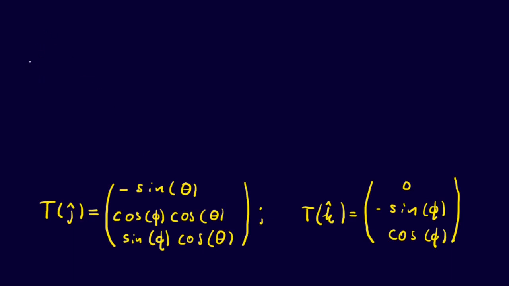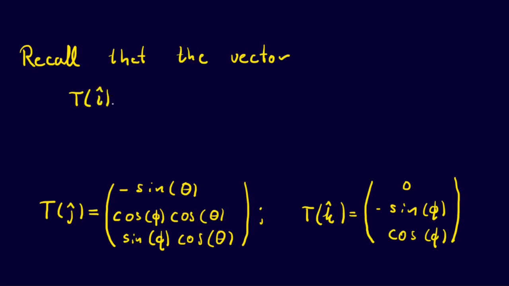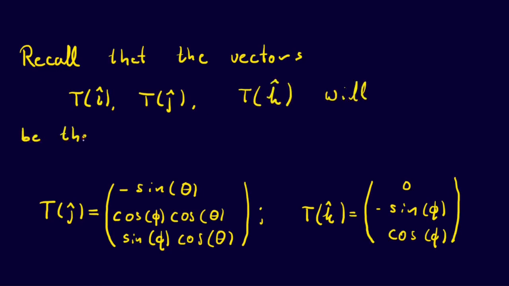And now we should recall that the vectors T of i hat, T of j hat, and T of k hat will be the columns of the matrix that we're after.